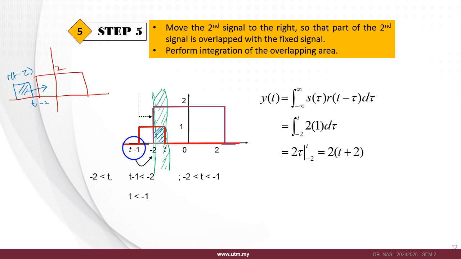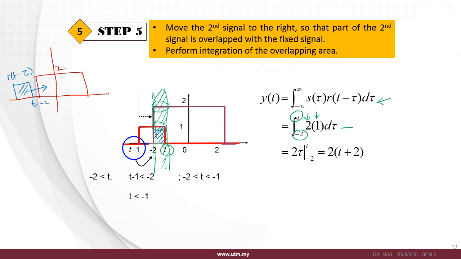Okay, so you need to do the integration. This is the general equation. So now the range that the signals are overlapped is from -2 to t. And then the constant amplitude of the first signal is 2, and the constant amplitude of the second signal is 1.